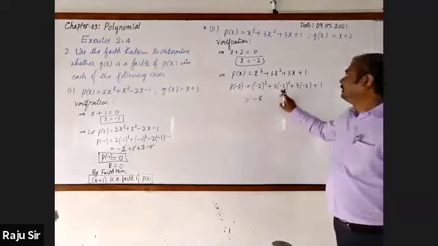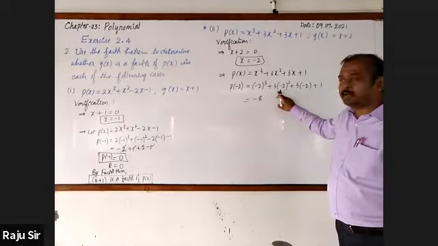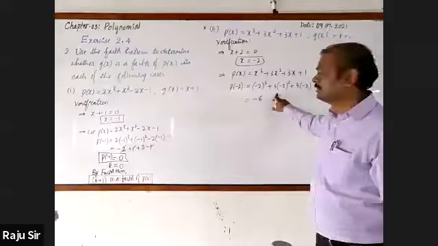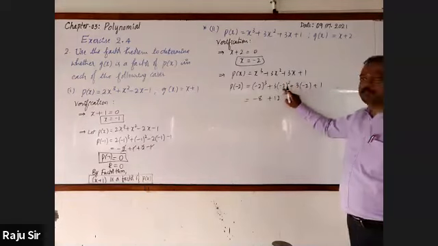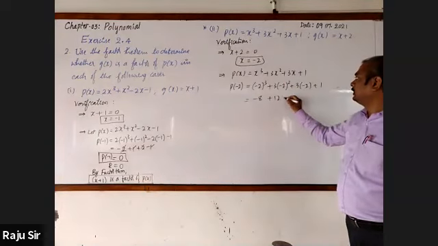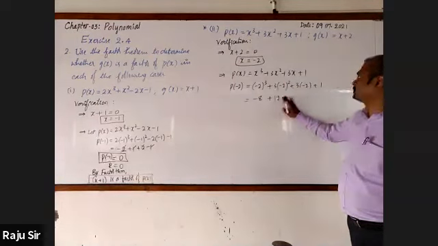Simplify this term and tell. Minus 8 plus 12. Minus 2 whole square is 4, 4 threes are 12. And this is 3 into minus 2, minus 6. Plus 1.